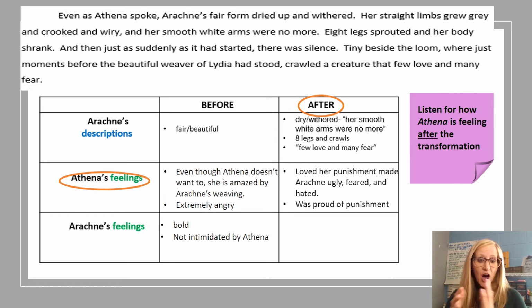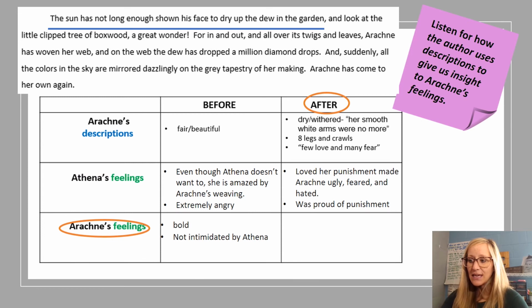Here we have the author's descriptions and feelings that tell us about how they felt before and after the certain transformations. So let's look at our chart. We have taken a look at the descriptions of how Arachne looked before the transformation and after.